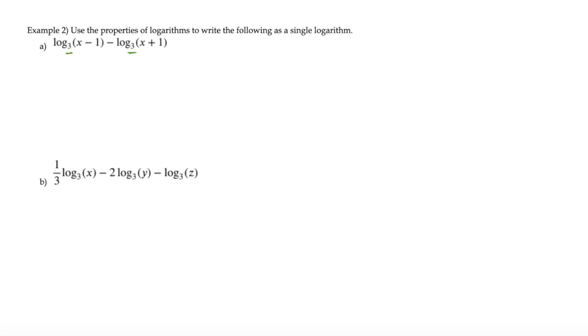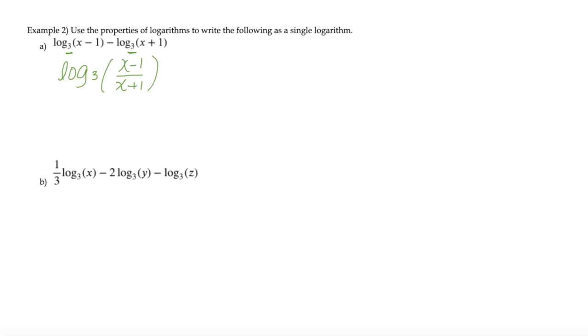Here we're subtracting, and subtracting is the same as dividing. This is then the same as log base 3 of (x minus 1) over (x plus 1). There's nothing else we can simplify. It's written as a single logarithm, so we are done.